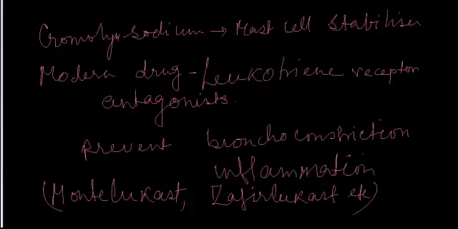Too many channels are involved in the process of asthma, so intervention in any of the channels can be beneficial for controlling the asthma. So the good news is, though the disease is incurable, and the asthmatic has to carry the disease, with modern medicines they can live a normal life.